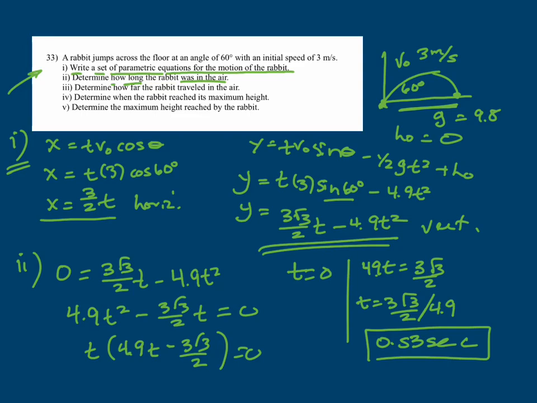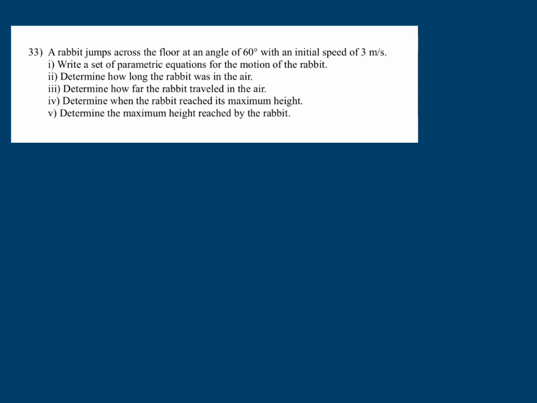So, all right, what does 3 ask us? 3 says, determine how far the rabbit traveled in the air. So how far, that would be our x, right? So III would be x equals, and now our time was 0.53. So let's write the formula. It's t v naught cosine theta. We already know that the cosine is 1/2.